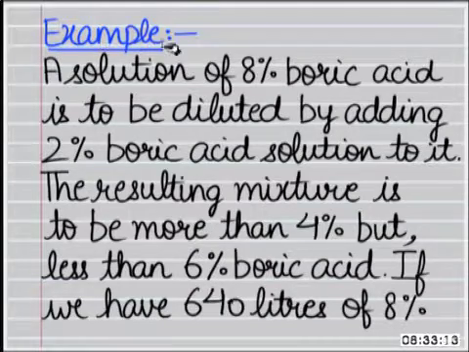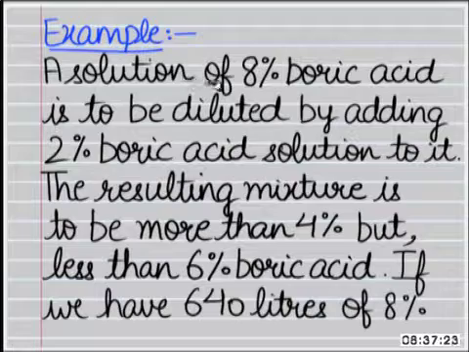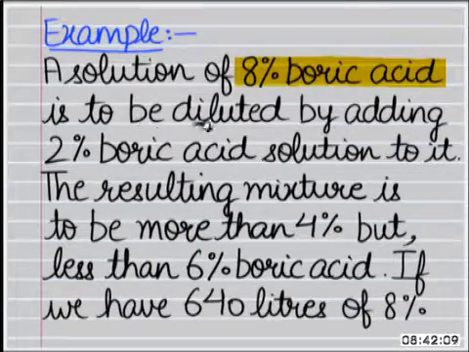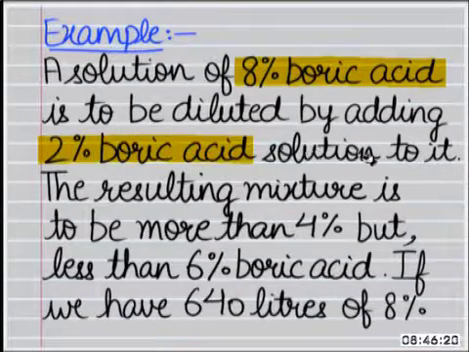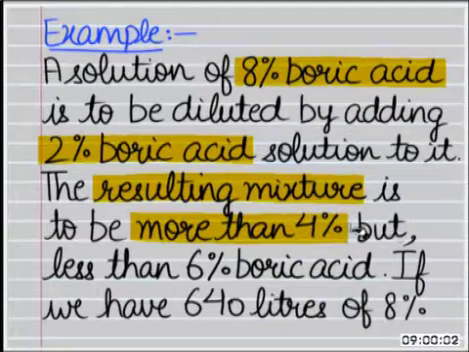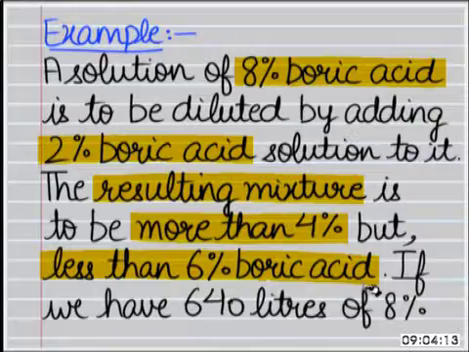Let us see an example. A solution of 8% boric acid is to be diluted by adding 2% boric acid solution to it. The resulting mixture is to be more than 4% but less than 6% boric acid.